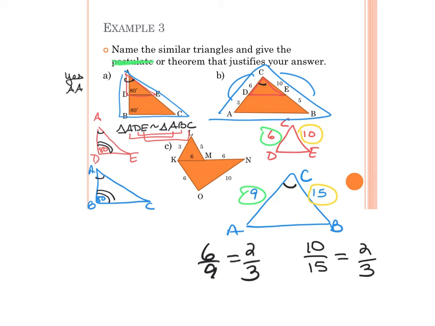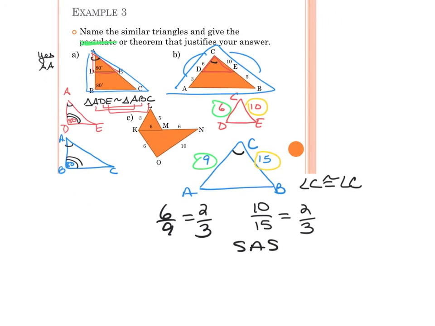So because the two sides that are forming the congruent angle, the included angle, are proportional, these two triangles are similar by side, angle, side. And again, you could state that angle C is congruent to angle C, and your reason would be reflexive.